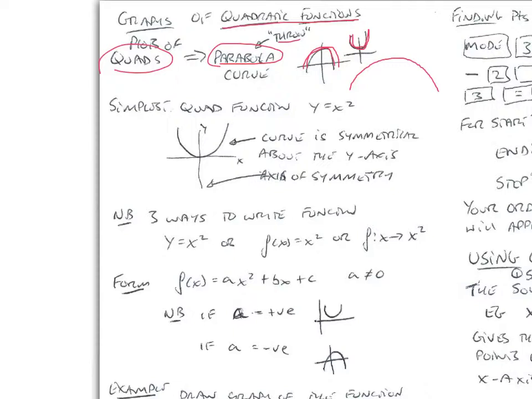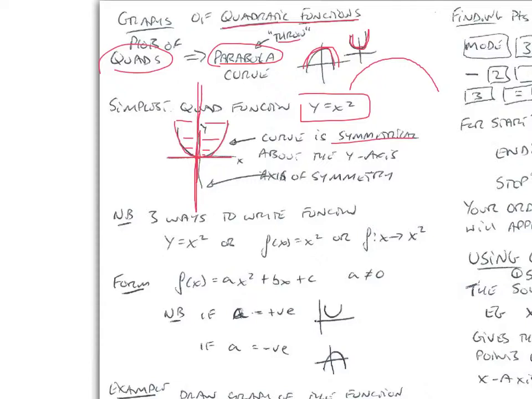Okay, so the simplest quadratic function that's out there is y is equal to x squared, and it looks like this, where this minimum point here sits at the origin (0, 0). Note that the curve is symmetrical about the y-axis here, so it's the same here as there, there and there. And this, therefore, is known as the axis of symmetry for this graph here.